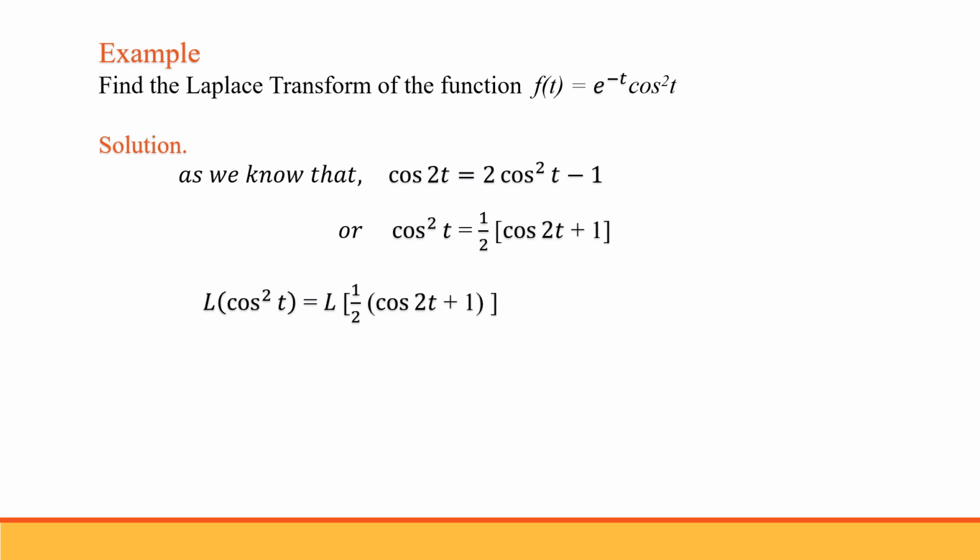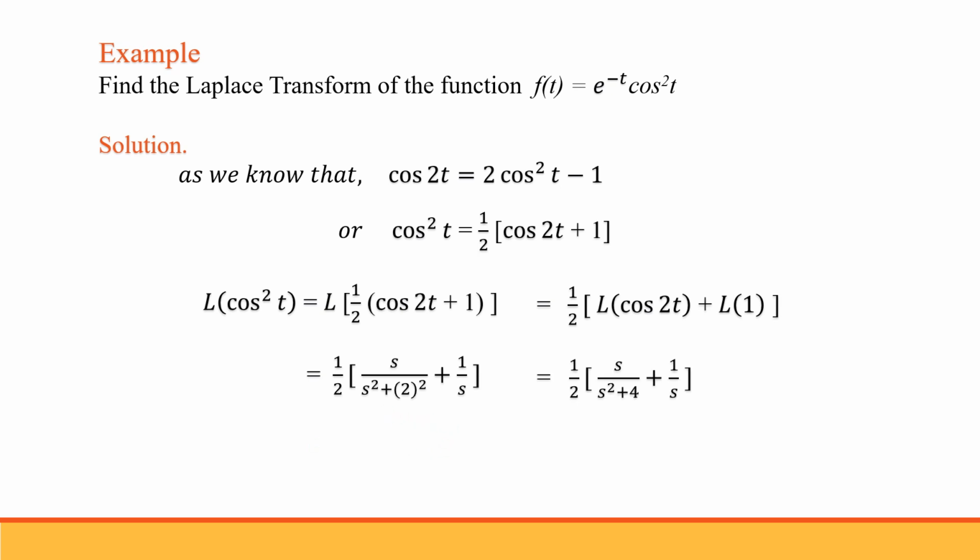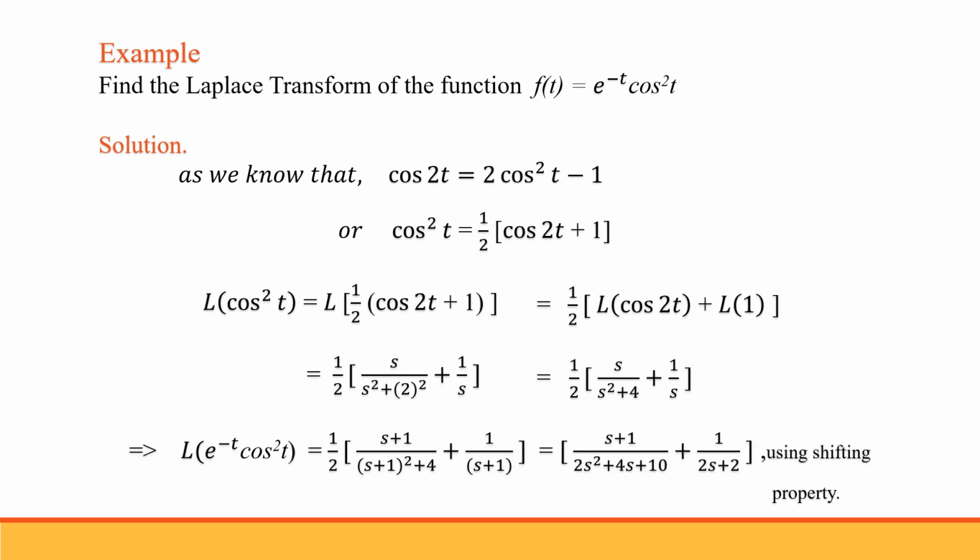So the Laplace transform of cos 2t we can write as s by s squared plus 2 squared, that is s by s squared plus 4, and the Laplace transform of 1 as 1 by s. So the Laplace transform of cos squared t we get as 1 by 2 times (s by s squared plus 4 plus 1 by s). Now we have to find the Laplace transform of e raised to the power minus t cos squared t.